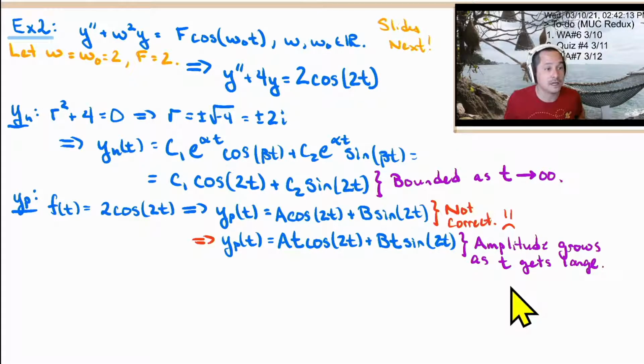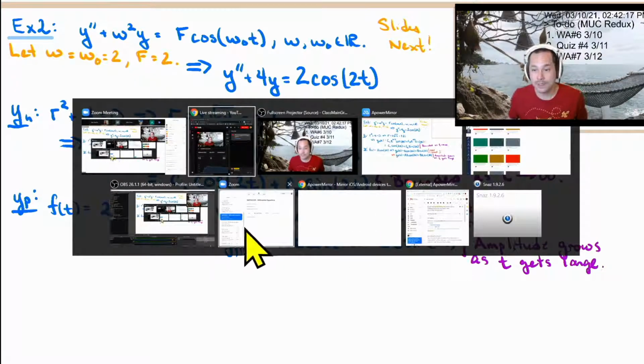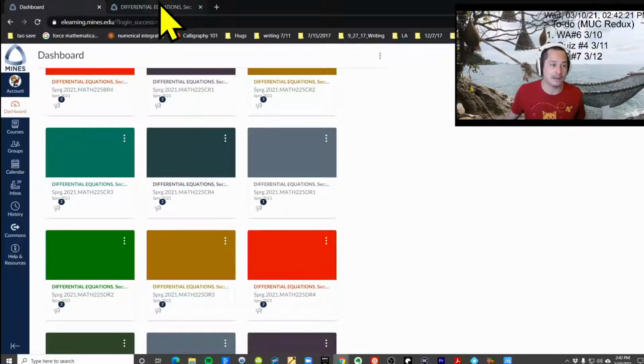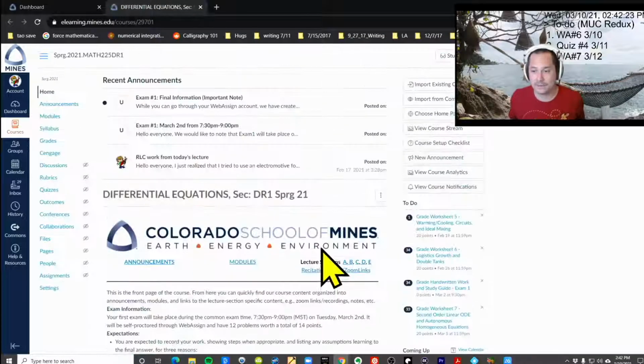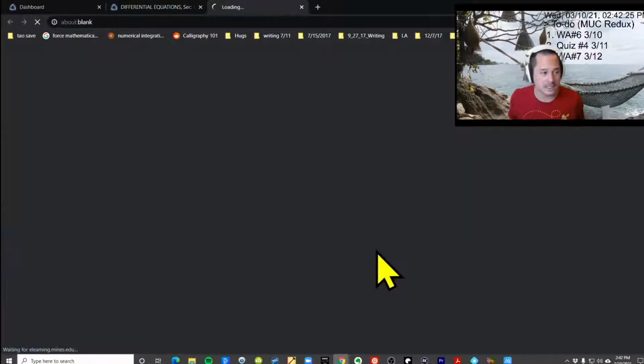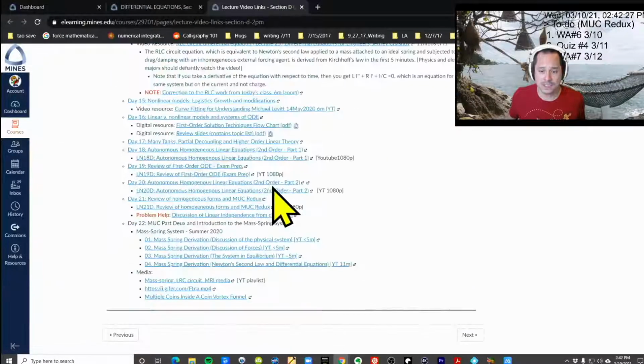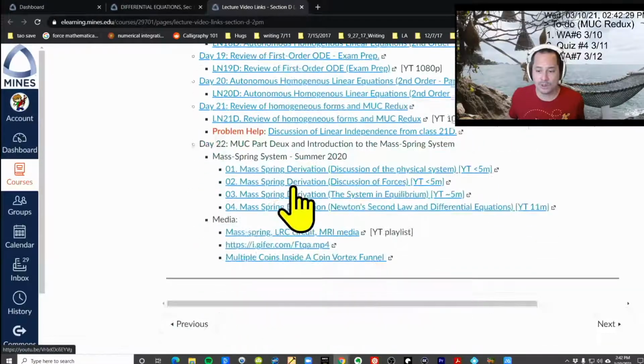Well, let's cut over to Canvas, where on Canvas I would like to show you some stuff that's been laid out. And what is that stuff? Okay, where am I going to go? I'm going to go into section D here. And if I go into section D, this is what I'll find.